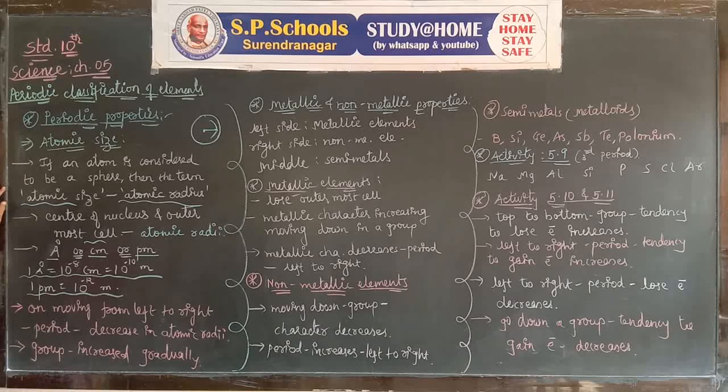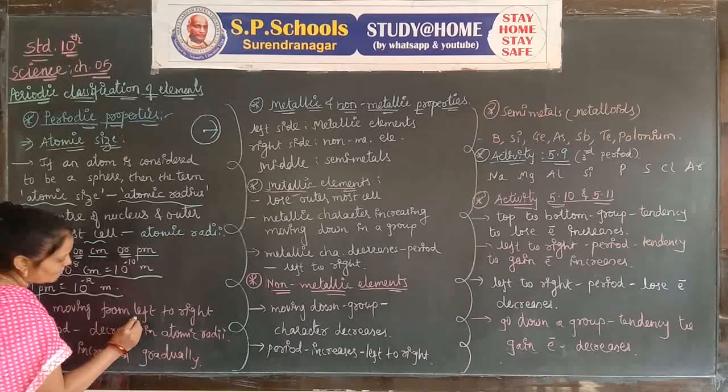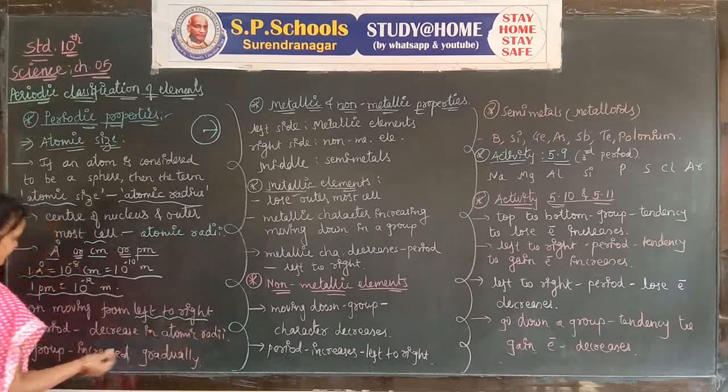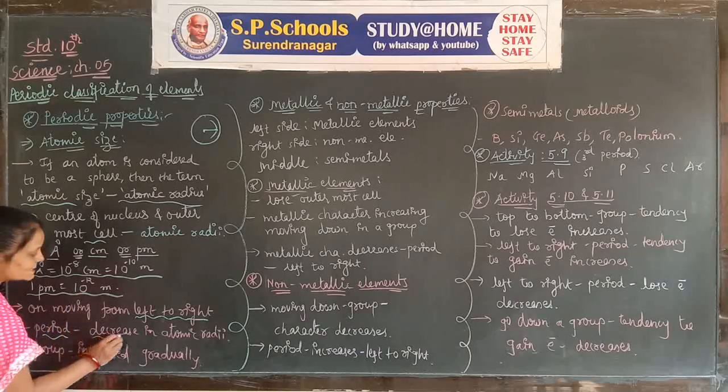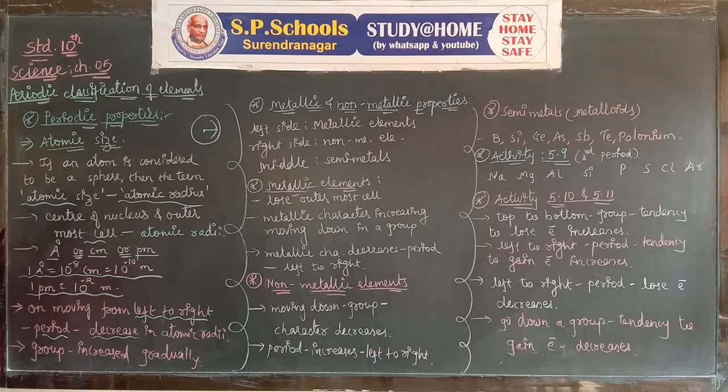On moving from left to right in a period, there is a decrease in atomic radius.